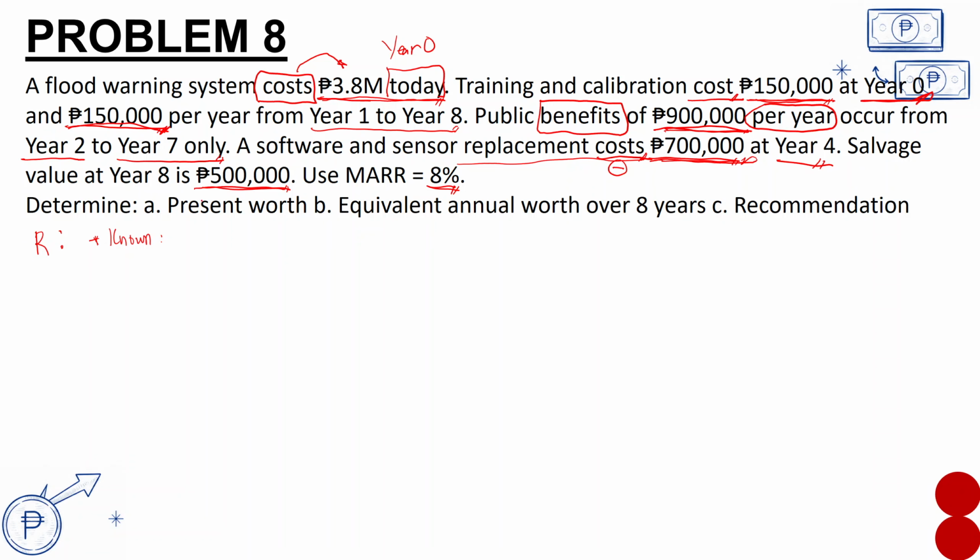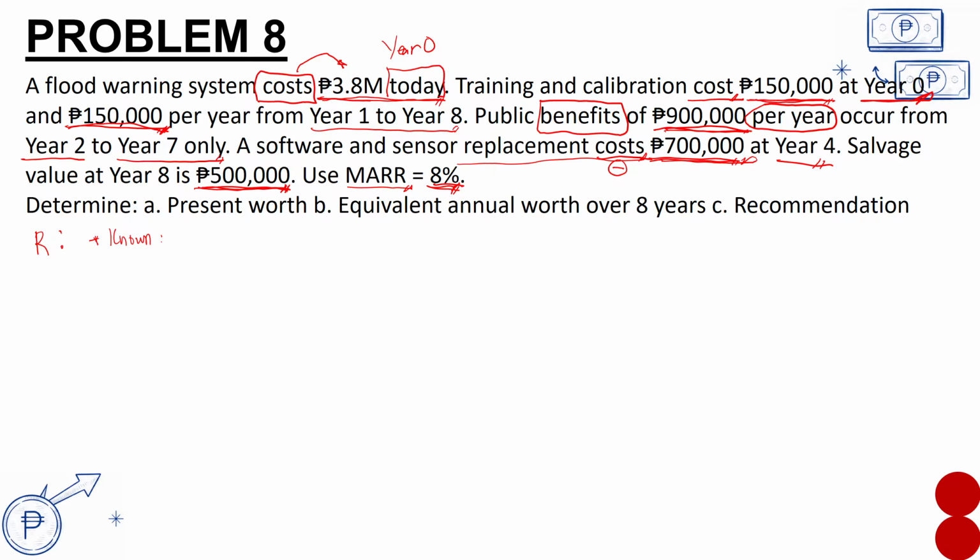Lastly, we have our salvage value at year 8 at 500,000 pesos. The salvage value is the value that we see at the end of the life of the system or other projects. And the 8% is our minimum attractive rate of return. This is our known information.